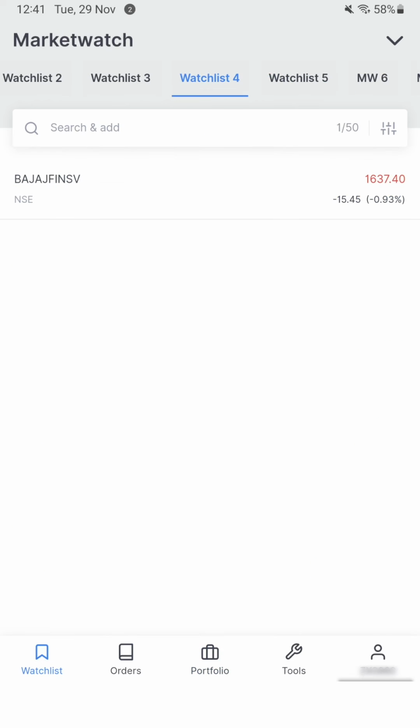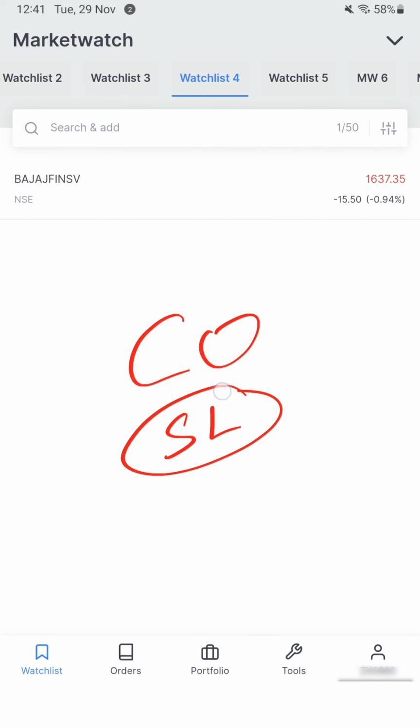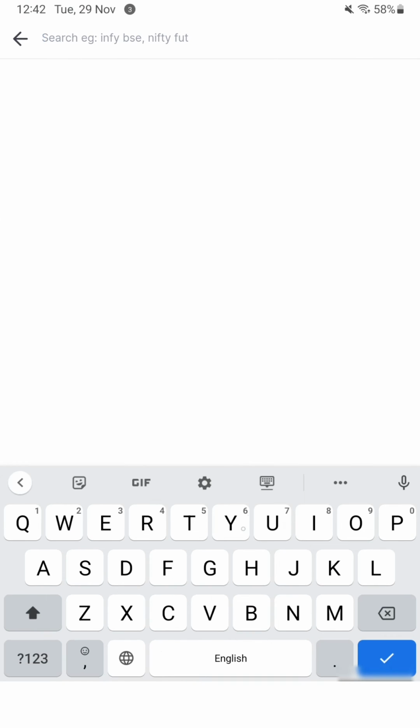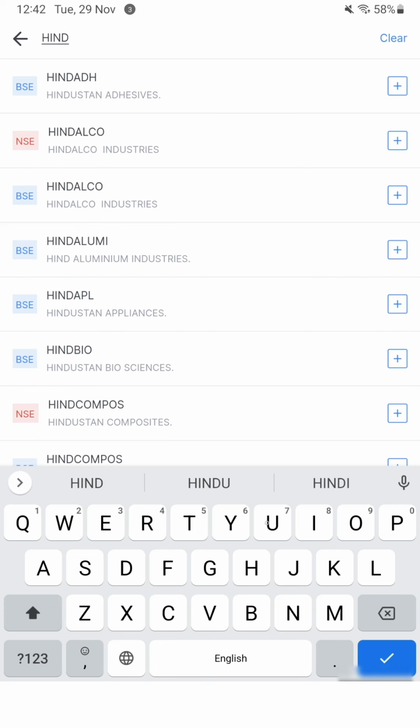So let me take another trade for you where we will use cover order to place stop loss on an intraday position. So this time the stock we have selected is Hindustan Unilever. So I'm going to search for it.